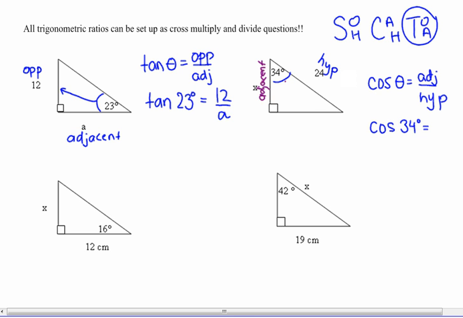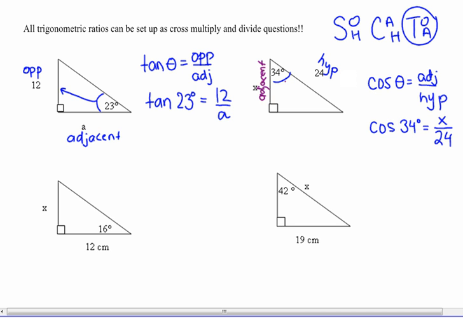What divided by what, Wyatt? Okay, adjacent over hypotenuse. Who's adjacent? Okay, what is he called? He's just x. Okay, so x divided by what? Who's our hypotenuse? 24.